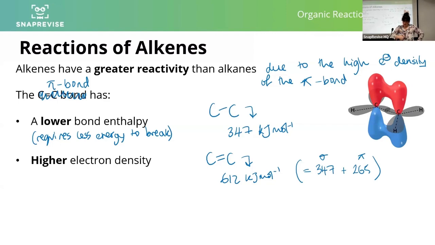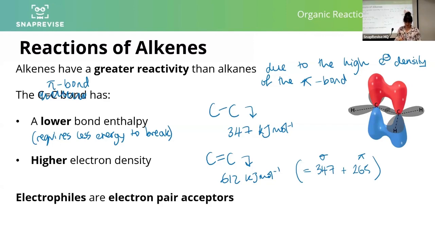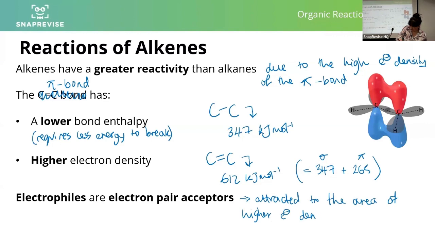Alkenes are also attacked by electrophiles because of this high electron density. Electrophiles, which are electron pair acceptors, again, another definition you need to learn, are obviously attracted to the area of higher electron density present in a carbon-carbon double bond.